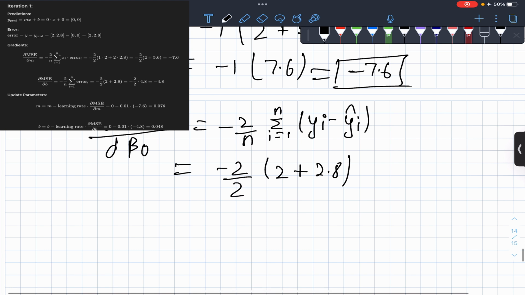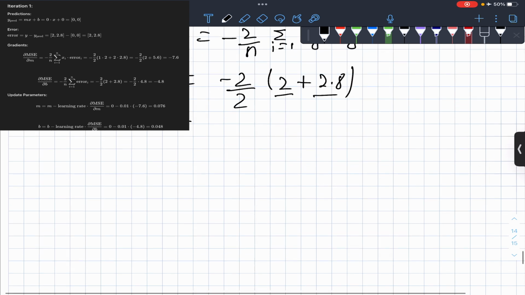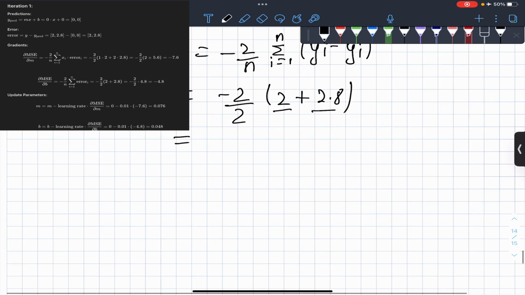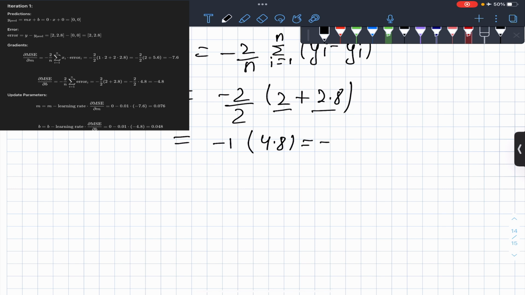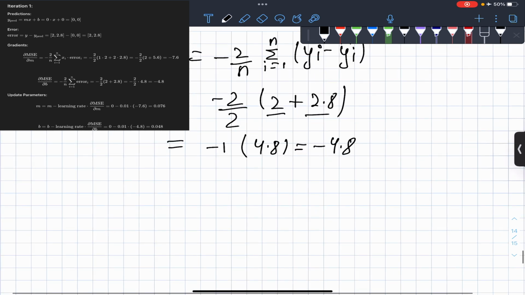So we simply go 2 plus 2.8, and then minus 1 over 2. It is nothing but 4.8, so it will be minus 4.8. We got the gradients of beta 0 and beta 1.